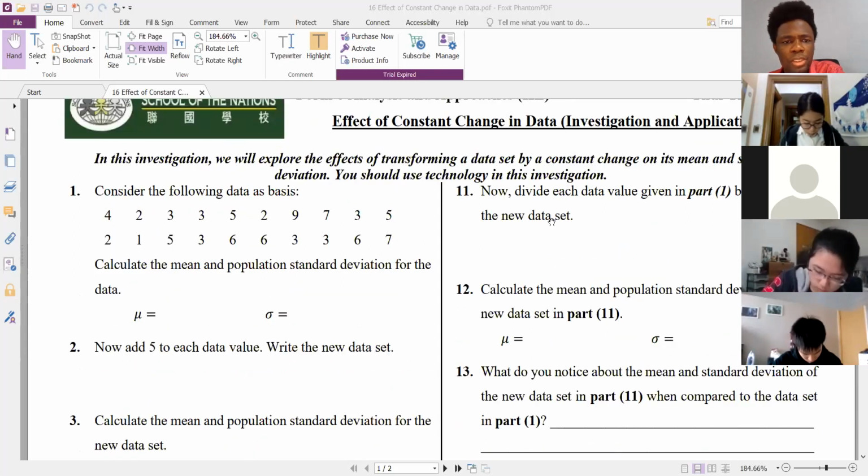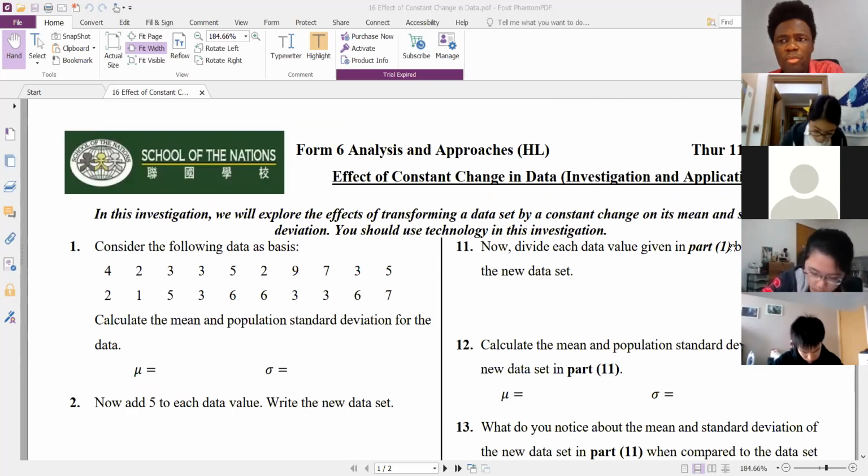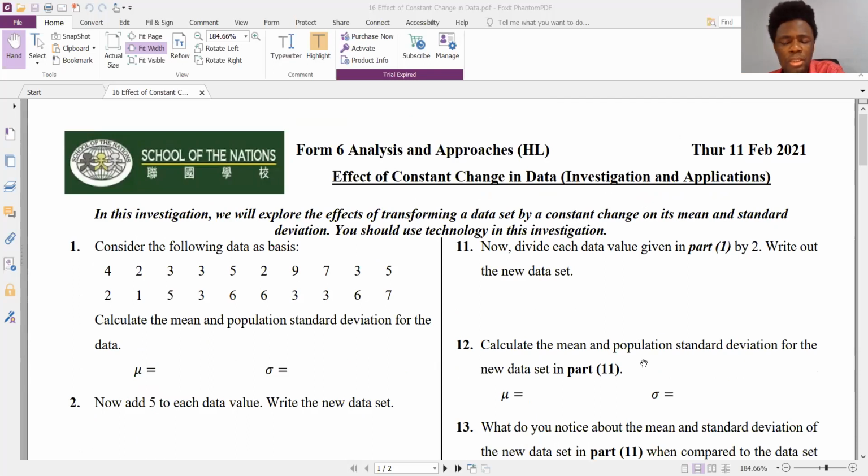So what we are trying to do, Clarissa, is we want to discuss the effect of change in a set of data. If changes are made to a particular set of data, by changes we mean if we decide to add 5 to every, take for example, we try to get everyone's salary in a particular company, and then a particular bonus was given, so everyone gets a bonus of $5,000.